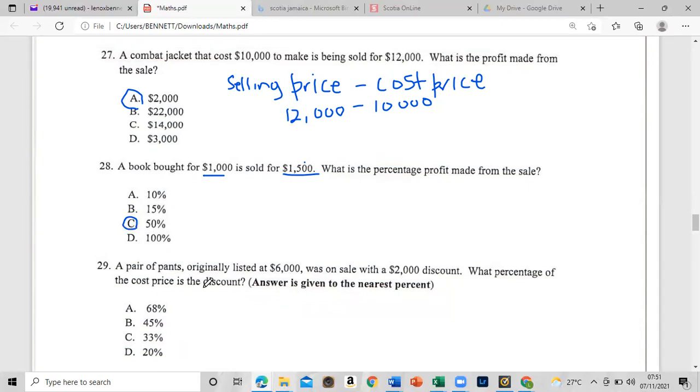A pair of pants originally listed at 6,000 was on sale with a 2,000 discount. What percent of the cost price is the discount? It can be a bit tricky. But it's a discount, so it's 2,000 over 6,000.